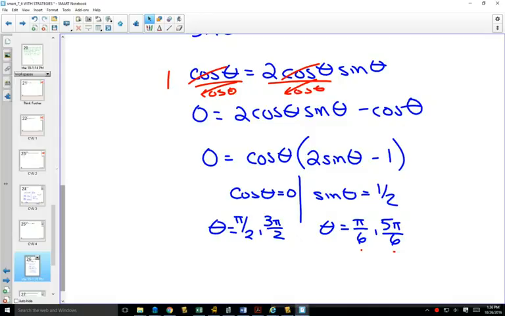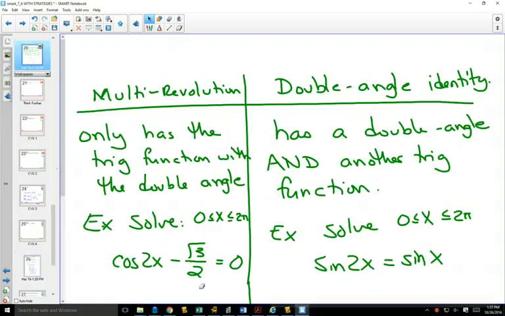The question is, when should I use a double angle identity and when should I do a multi-revolution question? So I've got some notes on that as well.